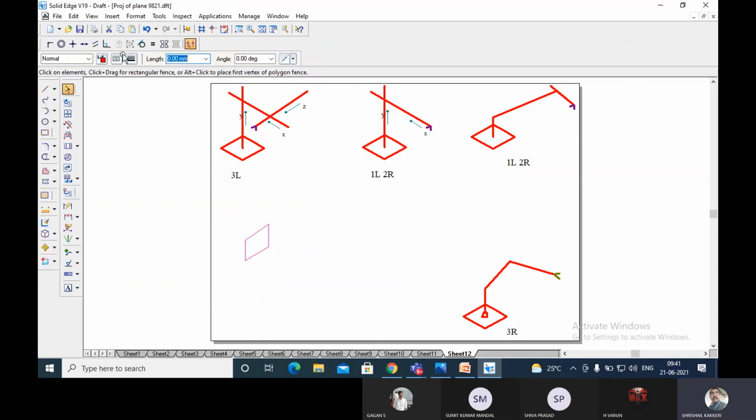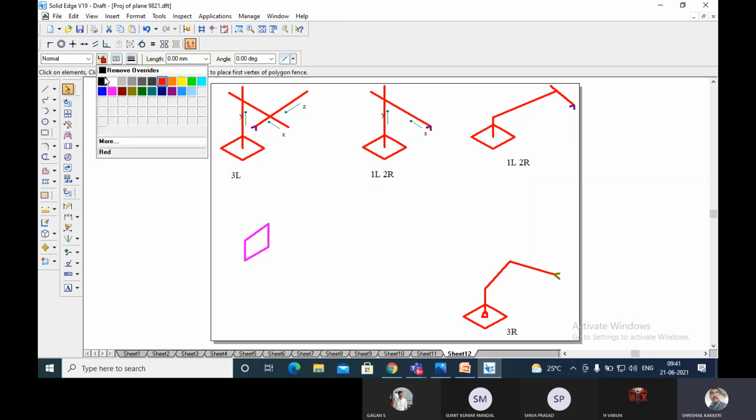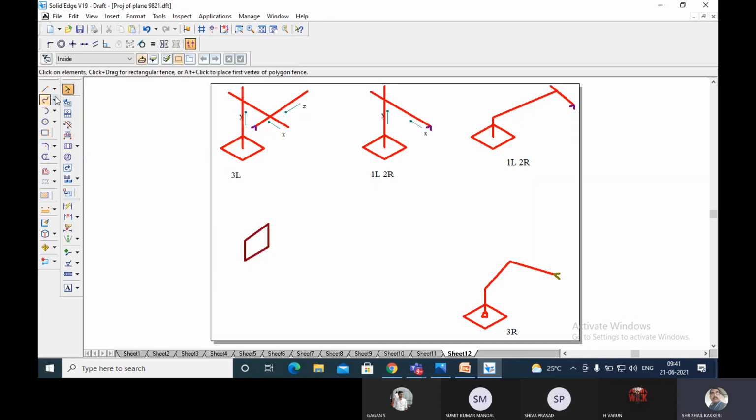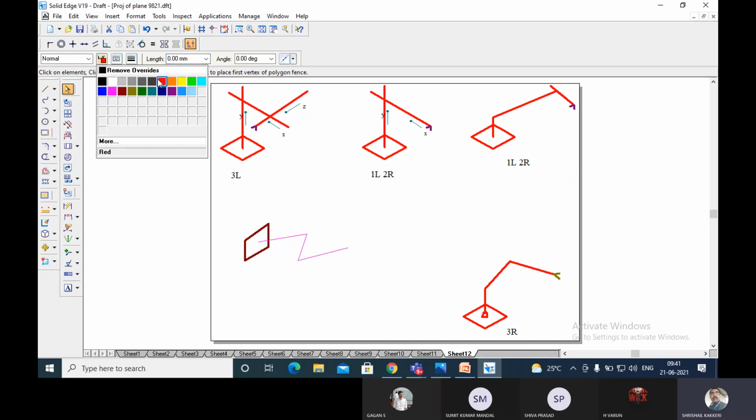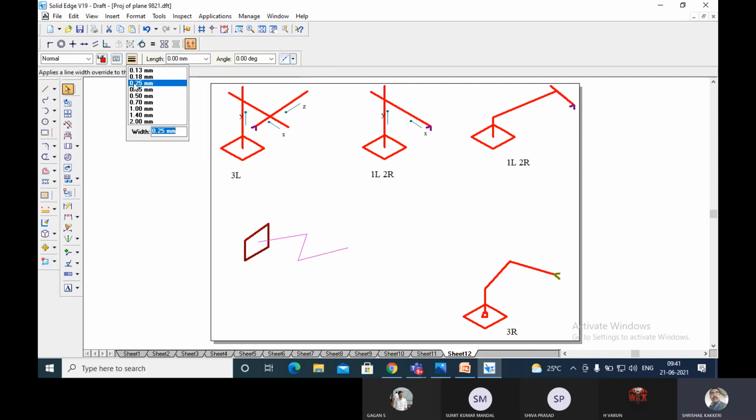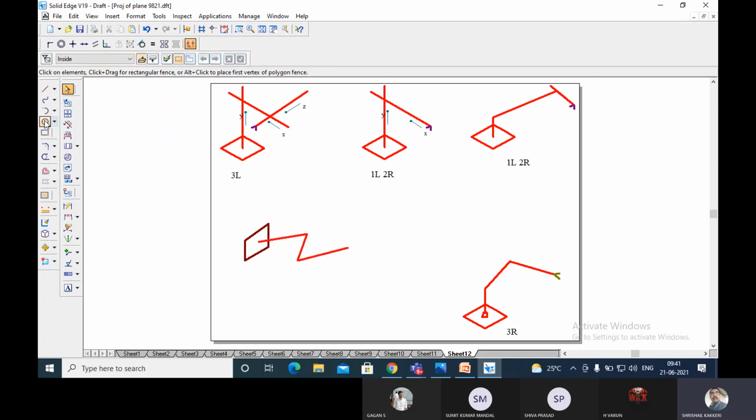This is a frame structure, and here the robot, this one, will be there. That's all. You need not draw a very complicated figure. It's not required. And at the end of this, there will be the end effector.